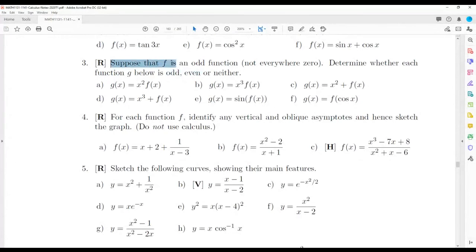So here it is. Suppose that f is an odd function, okay? Determine whether each function below is odd, even, or neither. So you've got a combination of things. All right, so let's see how we can work through some of these problems.